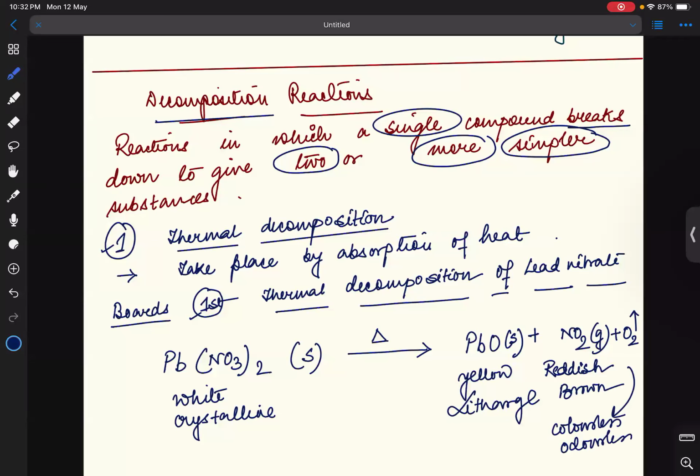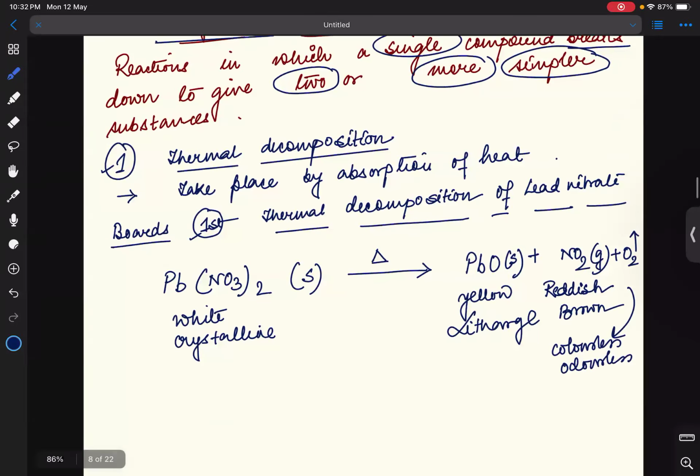Nitrogen dioxide is odorless too, but it has color, which is reddish brown. Now let's balance this. There will be a 2 over here, obviously 2 lead atoms over here also. That leads us to 4 nitrogen dioxide molecules. So the ratio is 2:4:1 between reactants and products. Remembering like this is not important. I just told you.